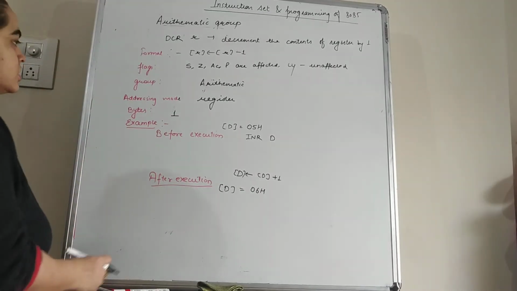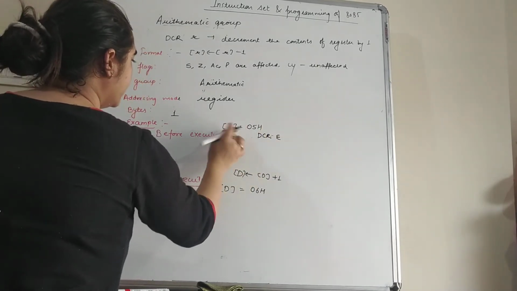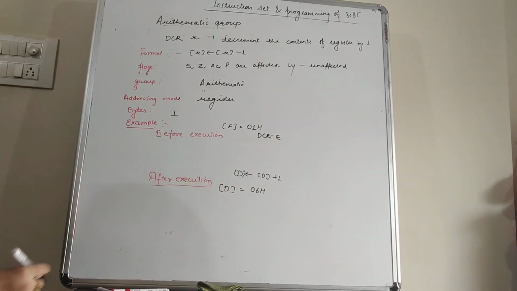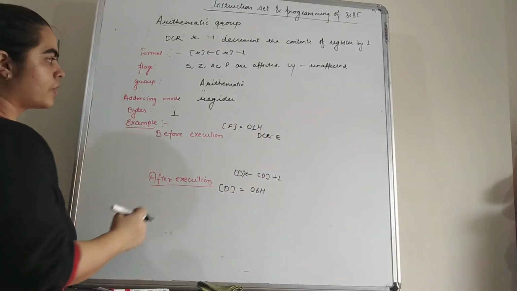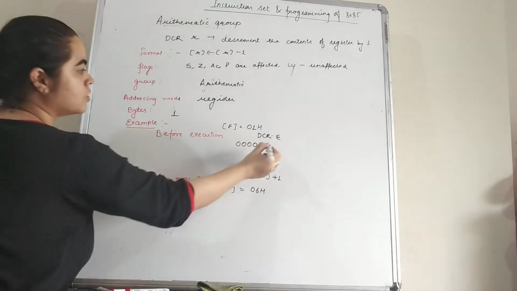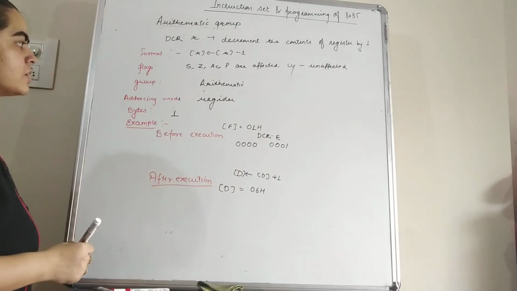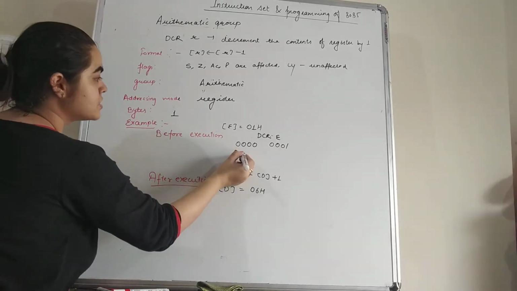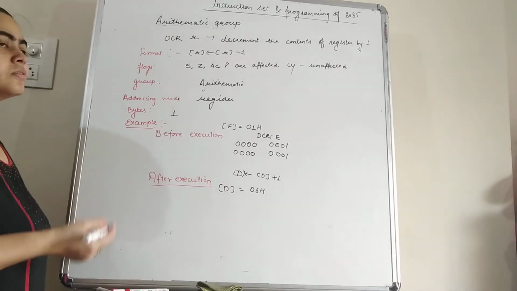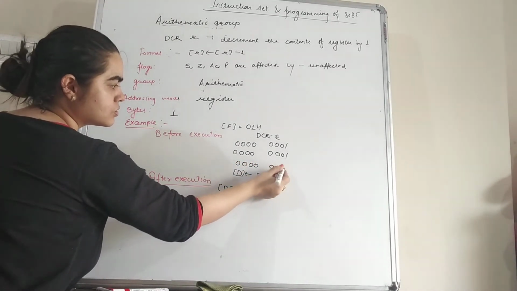Suppose we now have the instruction DCR E, and in E we have the contents 01H. We can convert this number into binary, 00000001. If we subtract 1 from it, that is 00000001 minus 1, the result is 00000000.